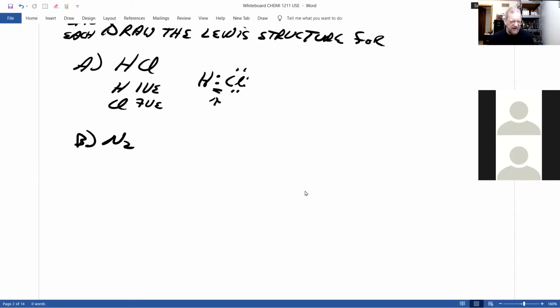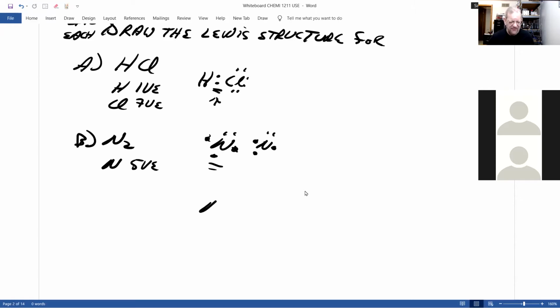Now for nitrogen, each nitrogen has 5 valence electrons. And notice this nitrogen says, I've got 3 unpaired electrons. You've got 3 unpaired electrons.